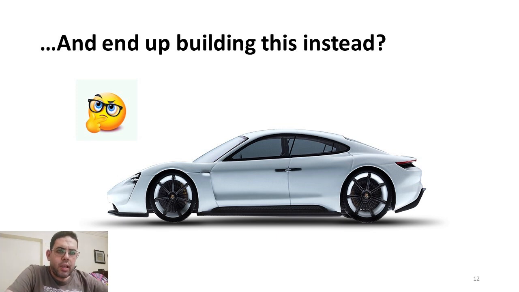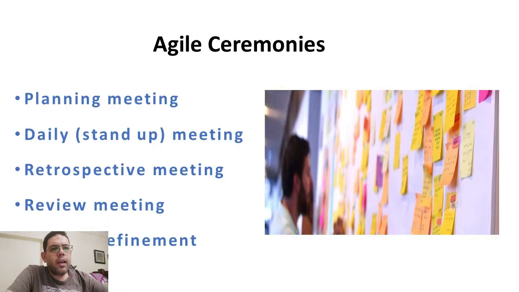But agile methodology actually avoids this problem in a very smart way by engaging the stakeholders all over the project phases, all over the project steps. Okay, how does this happen? By agile ceremonies.